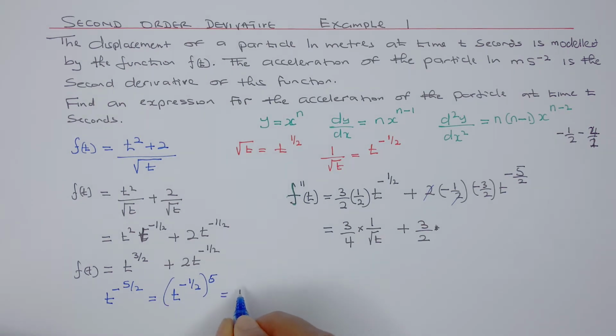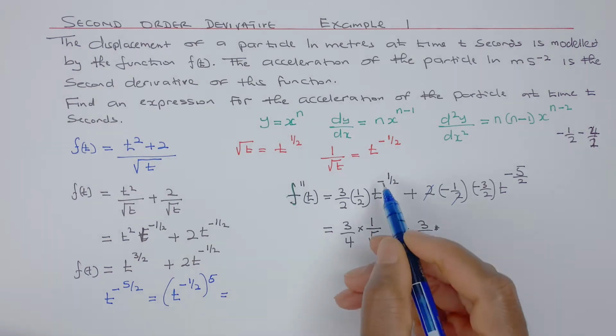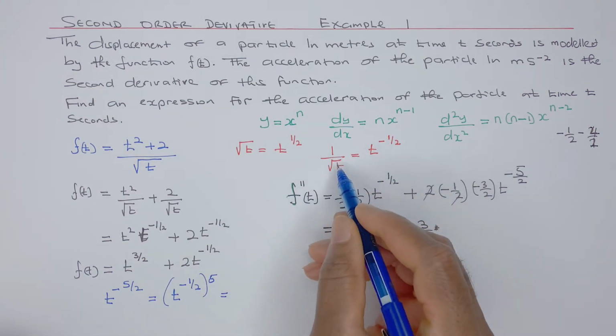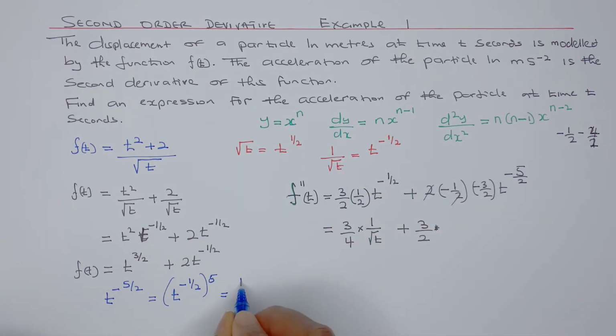And we know that t to the power minus a half is 1 over root t, so that would be 1 over root t to the power 5. That's using indices there.